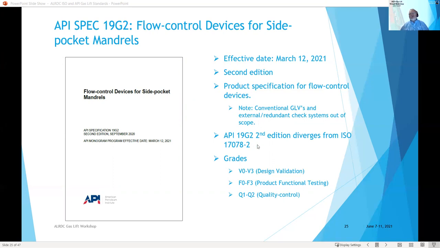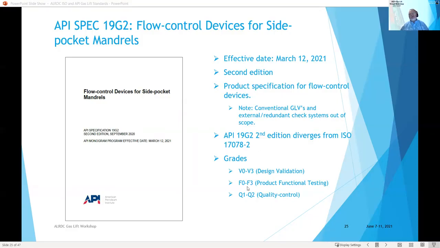As with 19G1, G2 second edition diverges from ISO 17078-2. So if you specify 17078-2 as a requirement, then you're getting outdated requirements and possibly confusing requirements, because we've corrected some errors in the original document.